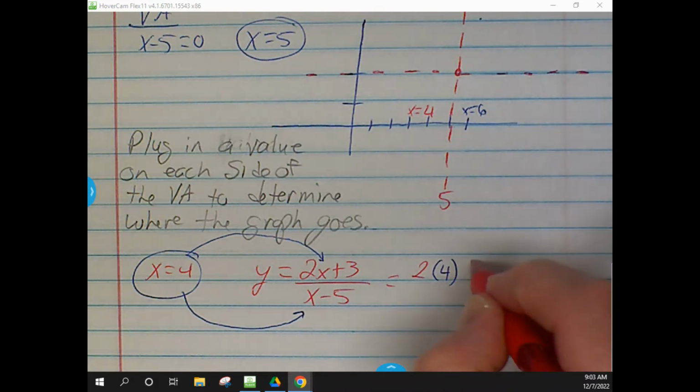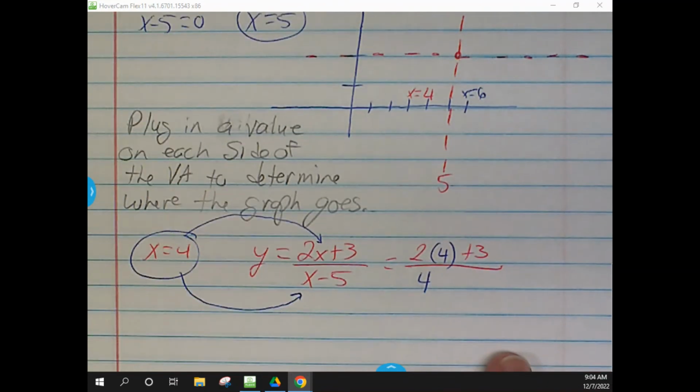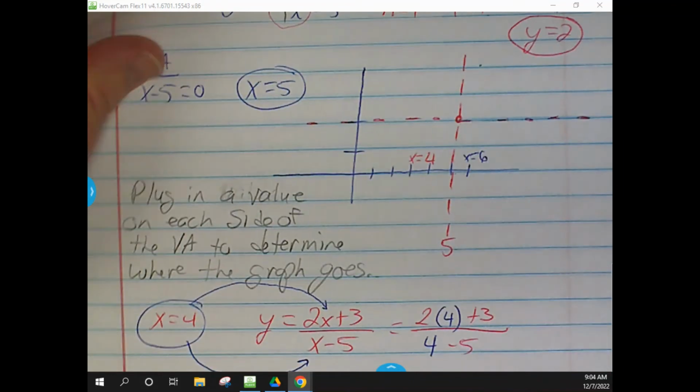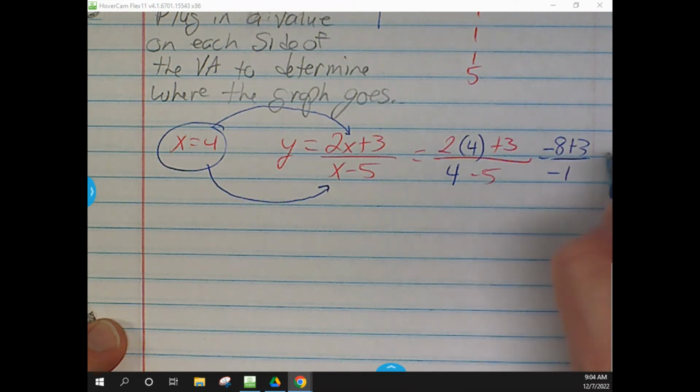So that's 2 times 4 plus 3 over, in that case, there's nothing else you got to do with that x when it's there. It's just that number minus 5. So that's 8 plus 3 over negative 1.